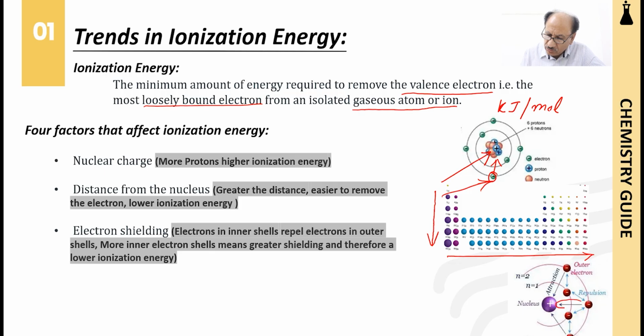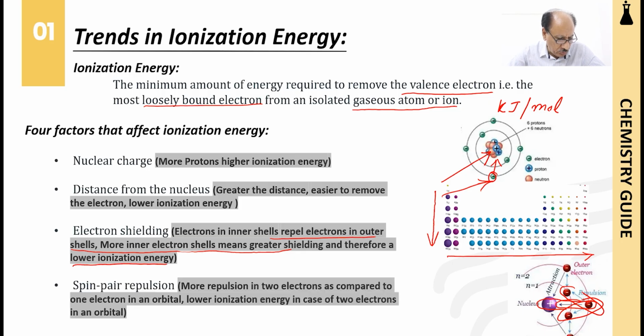So there is a force of attraction between the electron and the nucleus, whereas the electrons repel each other, and this repulsion is known as the shielding effect. So electrons in the inner shells repel electrons in outer shells. More inner electron shells means greater shielding, and therefore a lower ionization energy. So this was the third factor.